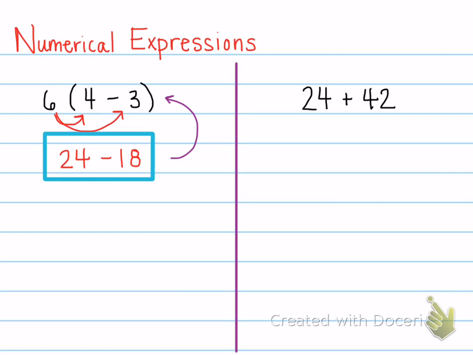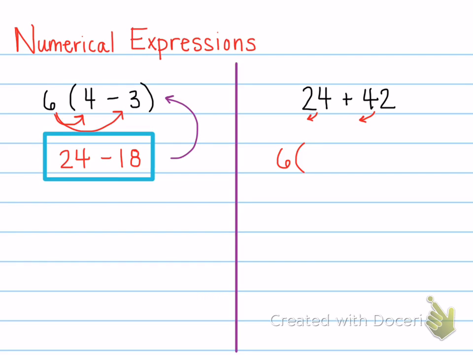I think about the other multiples of 24. I know 8 goes into 24, and 42 doesn't work for 8. I know 12 goes into 24, and 12 doesn't work for 42. So in my mind, I'm thinking, okay, 6 is the biggest number that goes into both. So what you're going to do is you're going to take 6 out of both of the numbers. So you have 6 outside.